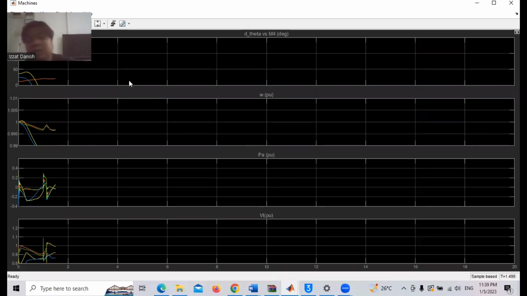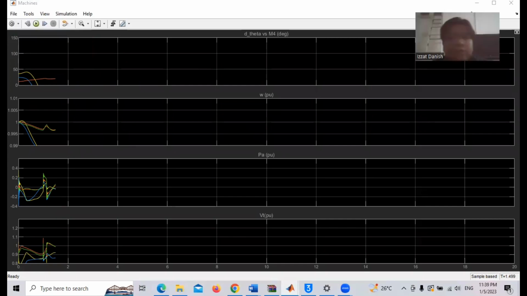So this is the result of bus 7 for the increment. As we can see here, it stopped at the time 1.499 seconds. It is because the supply of the generator cannot support the bus, because the resistive value is too large.